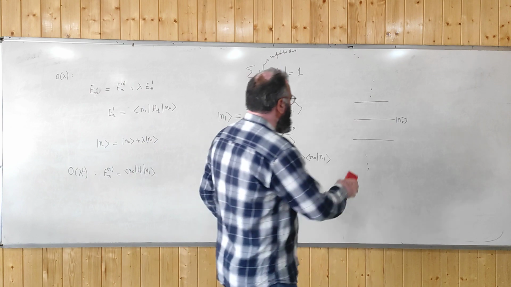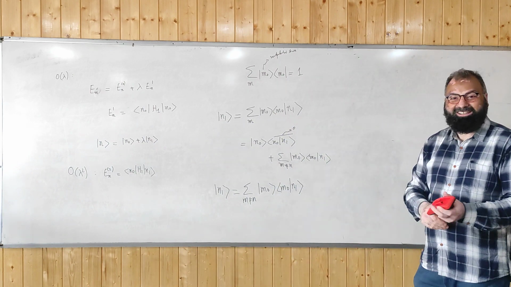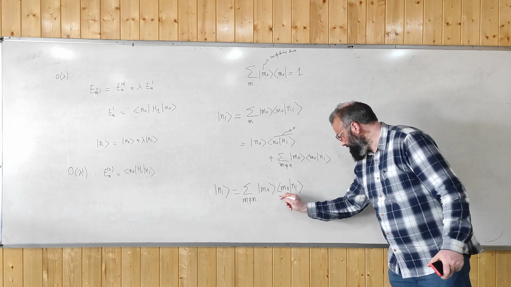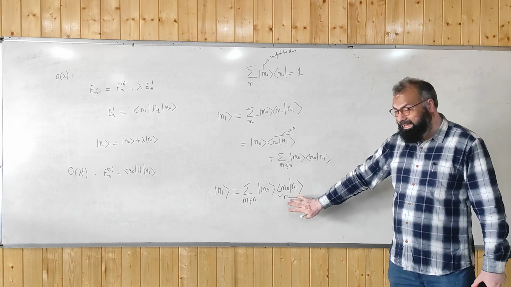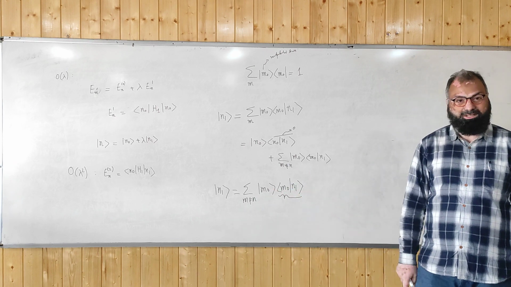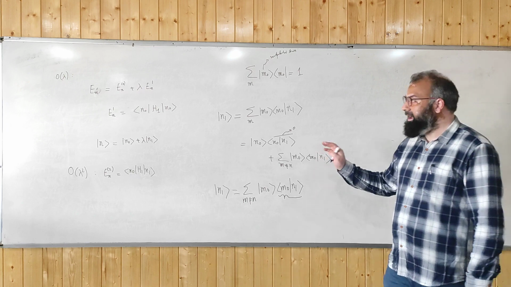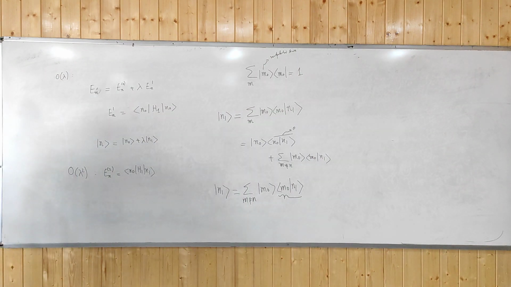Great. So now what do I need to calculate? This object, the overlap, is not equal to 0. It is a non-zero quantity, and it is unknown in this equation. This kind of overlap I need to figure out. So let's go back to the equation at order of lambda, the equation we know.